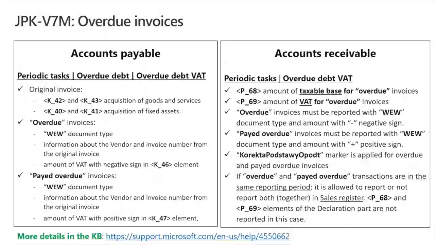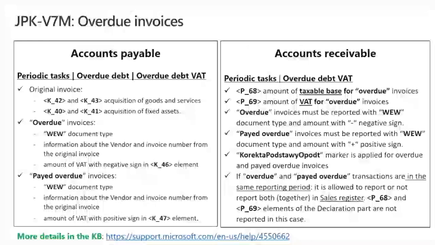And also the taxable base and VAT amounts of overdue invoices will be respectively reflected in P68 and P69 elements of the declaration part, meaning that they will be collected through all the invoices with such overdue case in the register.